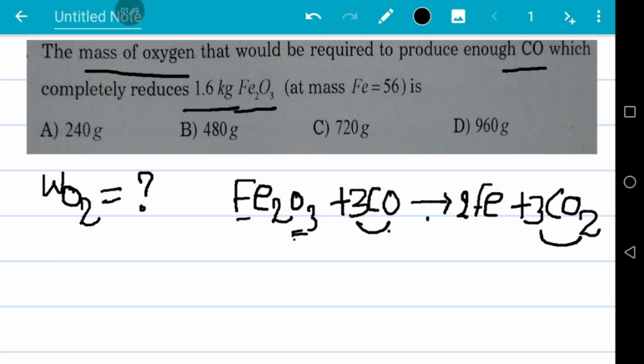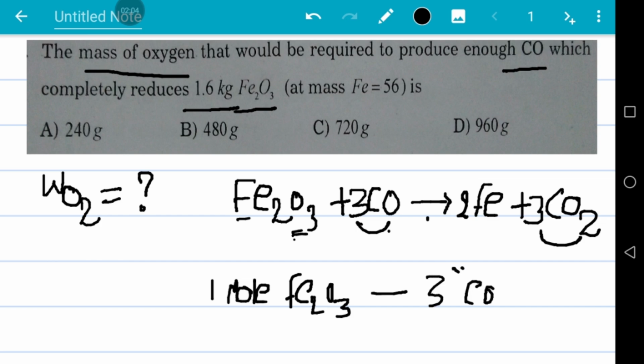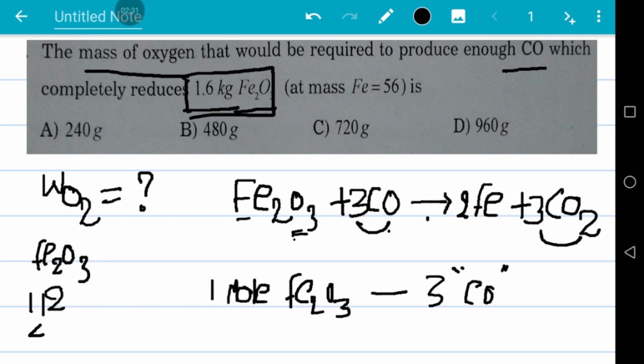So from this equation what we can say: 1 mole of Fe2O3 is reduced by how many moles of CO? 3 moles of CO. But here the Fe2O3 weight is given, they didn't give the moles, so we have to convert it into mass. 1 mole of Fe2O3 weighs how much? 2 irons, each iron is 56, so 2 irons means 112, and 3 oxygens, each oxygen is 16, 3 oxygens means 48.